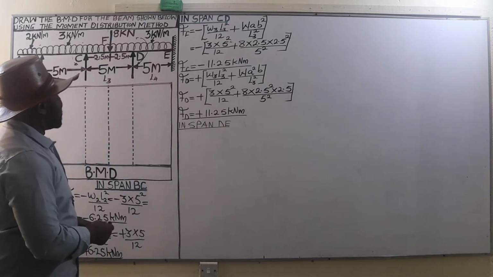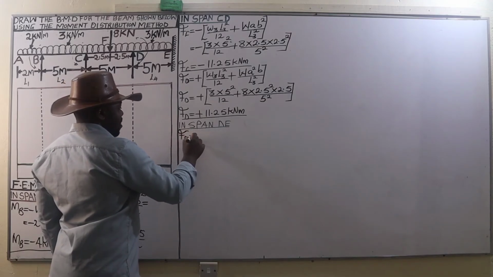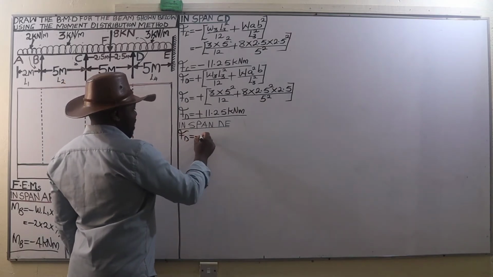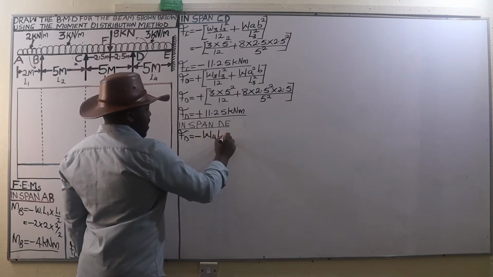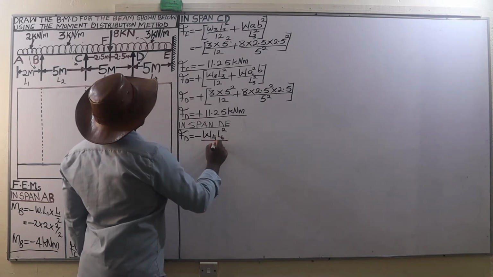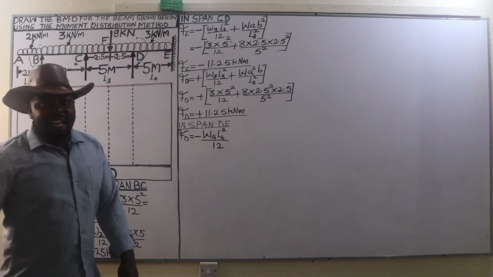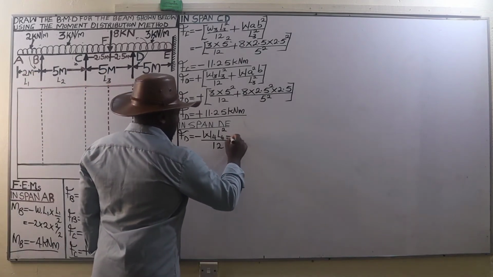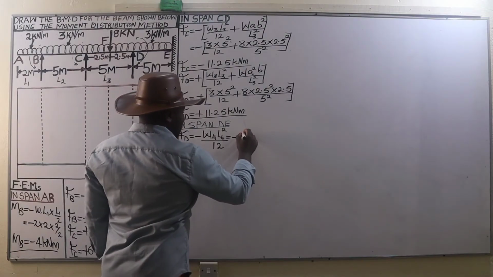the fixed end moment at D, that is FD, will be given by negative W4 L4 squared, divide this by 12. And this is going to give us negative W4, 3 kilonewtons per meter, that is the UDL.